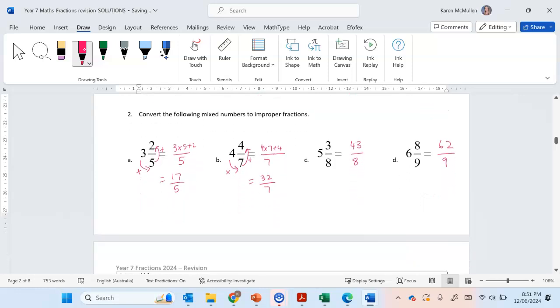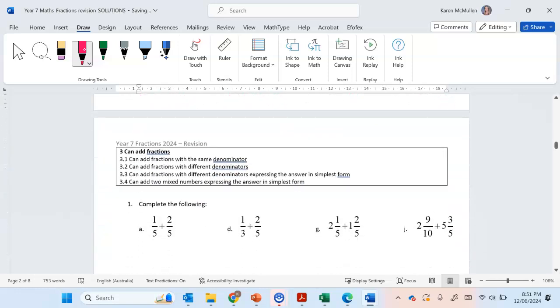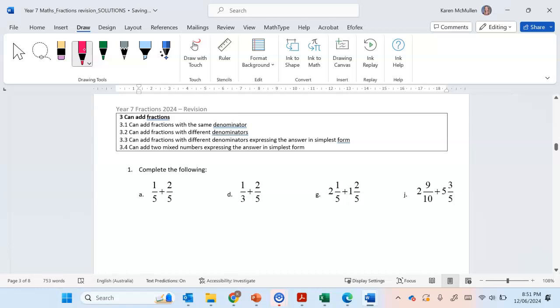All right, moving along. Adding fractions. So remember, when you're adding fractions, you have to have the same denominators. You will find it very difficult to add if you didn't have the same denominators. I don't want to say you can't do it, because I'm pretty sure there are plenty of people out there who can do it quite easily in their heads.